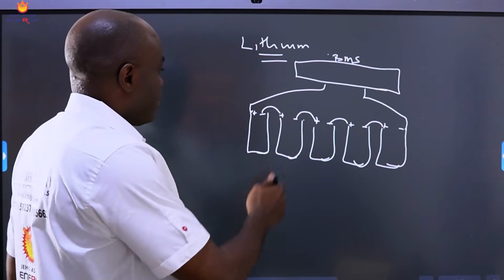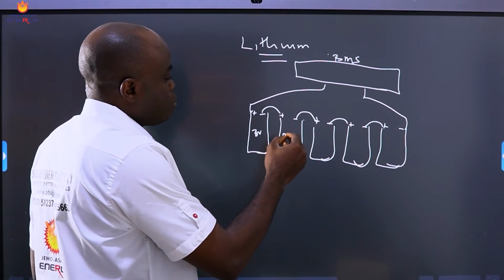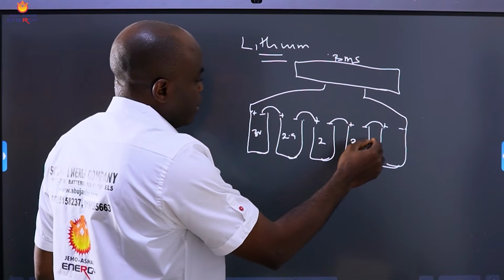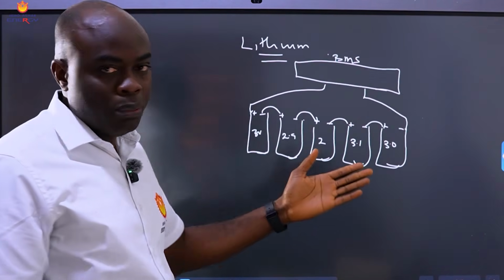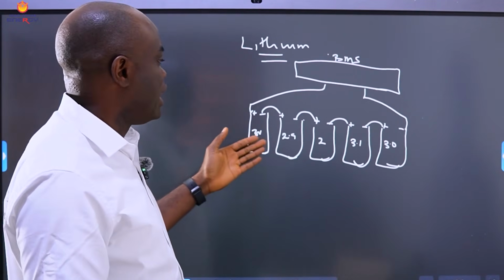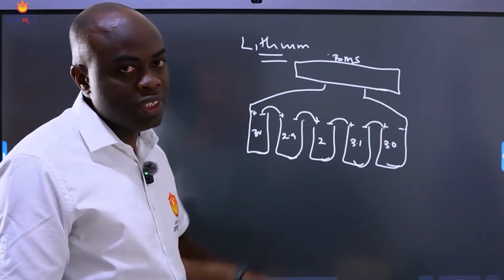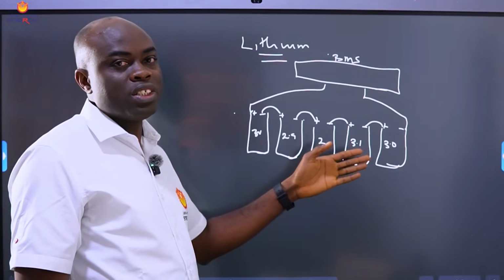For example, these cells might be having a voltage of 3 volts. This might be having 2.9. This might be having 2, this might be having 3.1, 3.0. All these are not balanced. So what can help them to be balanced? What can detect the information of each of these cells? What can detect that each of these cells is being overcharged?